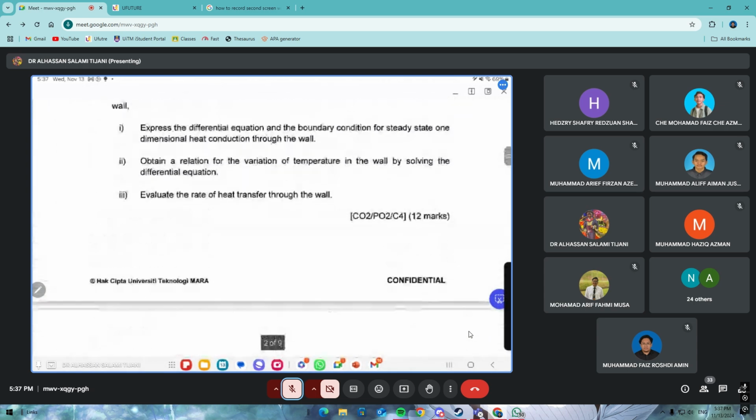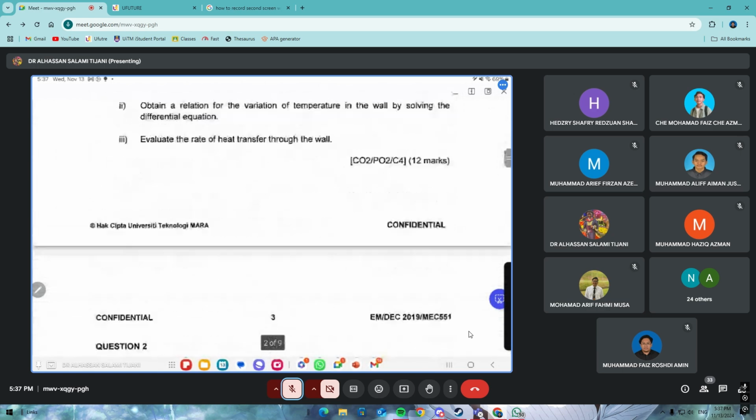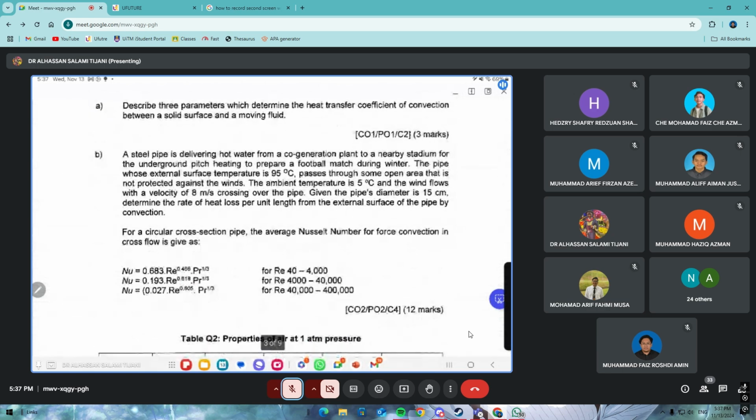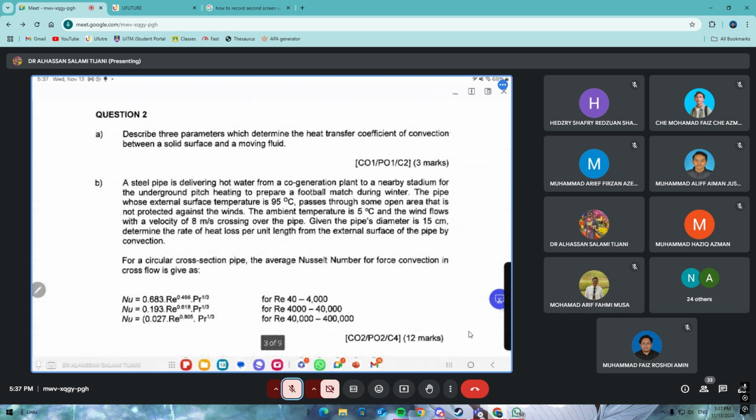Yes, so maybe we can look at this question as well. Now the question says: describe three parameters which determine the heat transfer coefficient of convection between a solid surface and moving fluid.